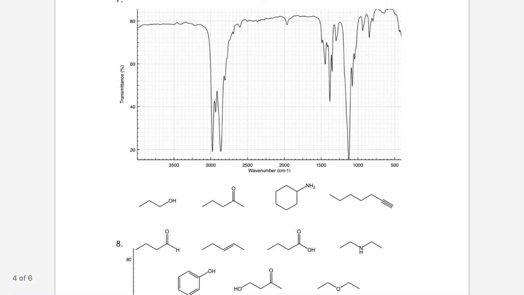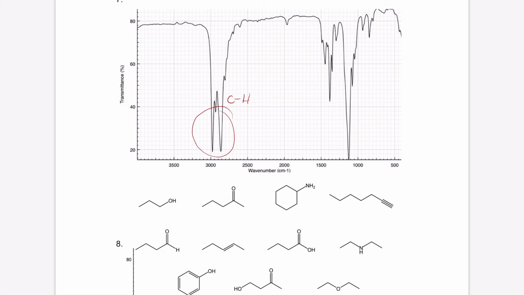Looking at question 7, one thing that really sticks out is our alkane stretching, but I don't see a band around 1700, so we don't have a carbonyl group.